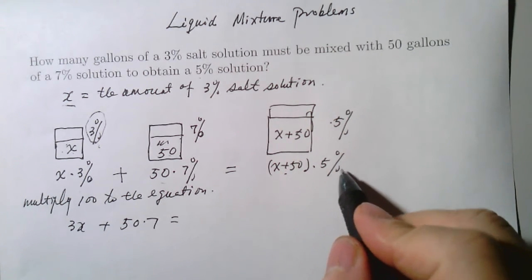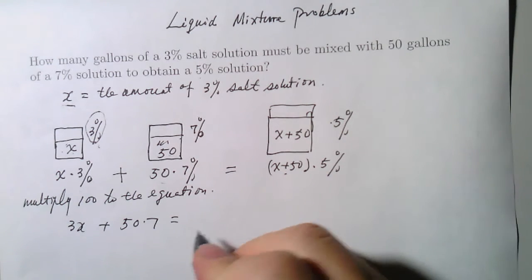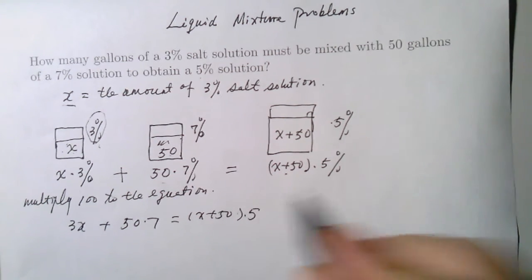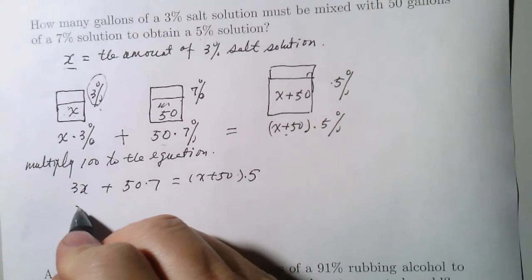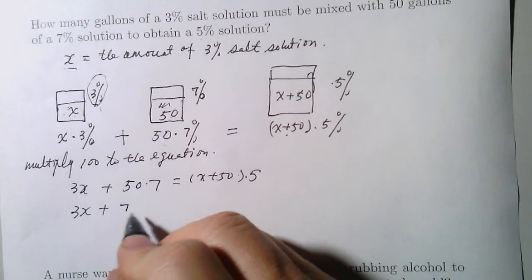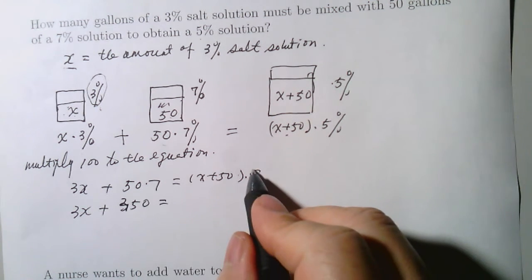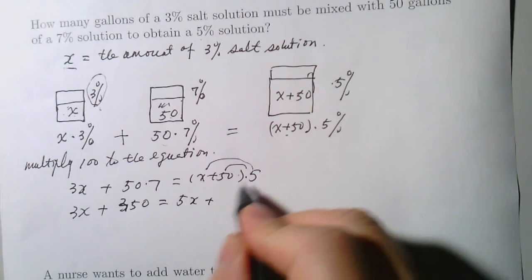And 100 times 5% is 5, giving x plus 50 times 5. Let's simplify: 3x plus 350 equals, by distribution, 5x plus 5 times 50.